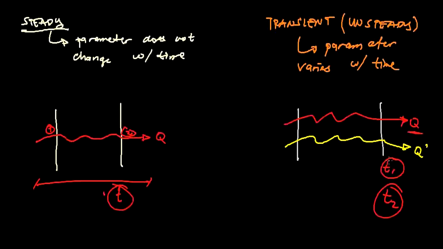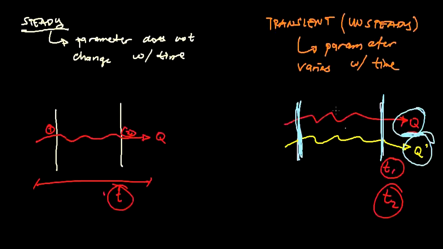So it only means that when we consider this medium, say this is our wall, and we analyze the Q for time 1, we have a value of Q, and after some time we again compute the value of our Q, and we have another value of our heat flux.